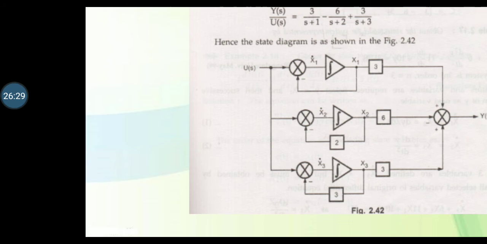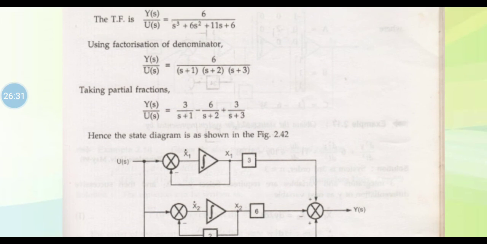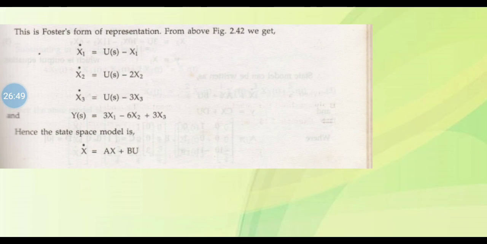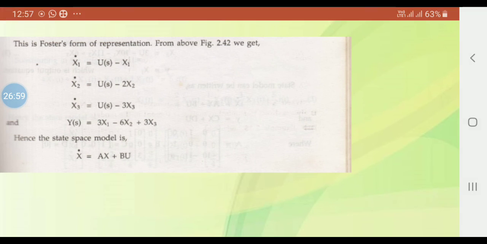Then we have to go for the Foster form of representation. So how is it? In the Foster form of representation, from the figure we can write x1 dot is equal to u of s minus x1, x2 dot is equal to u of s minus 2x2, x3 dot is equal to u of s minus 3x3.